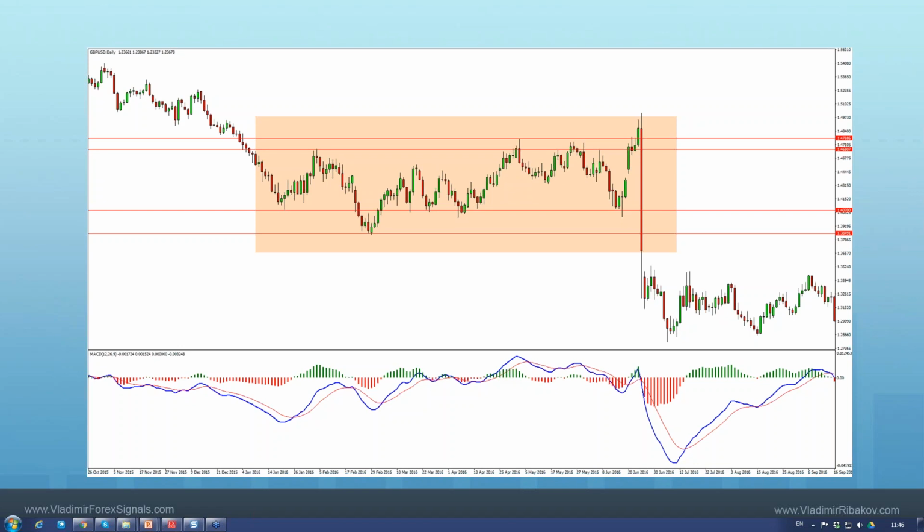Why? Because the market is ranging 70% of the time. Only 30% of the time it's trending. Now, if it's ranging 70% of the time, we have to learn how to deal with possible ranges, right? Remember that. So this is how it looks.